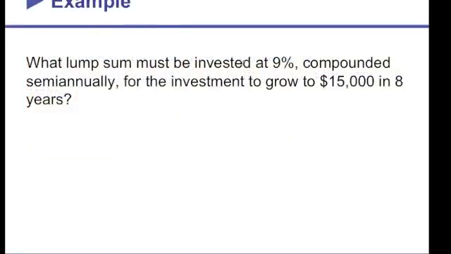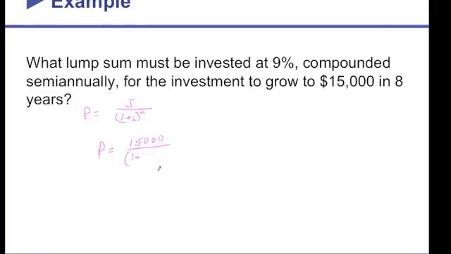What lump sum must be invested at 9% interest compounded semi-annually for the investment to grow to $15,000 in 8 years? Well, we're using P equals S divided by 1 plus i to the n. Filling in the values, P equals the 15,000 future value divided by 1 plus.